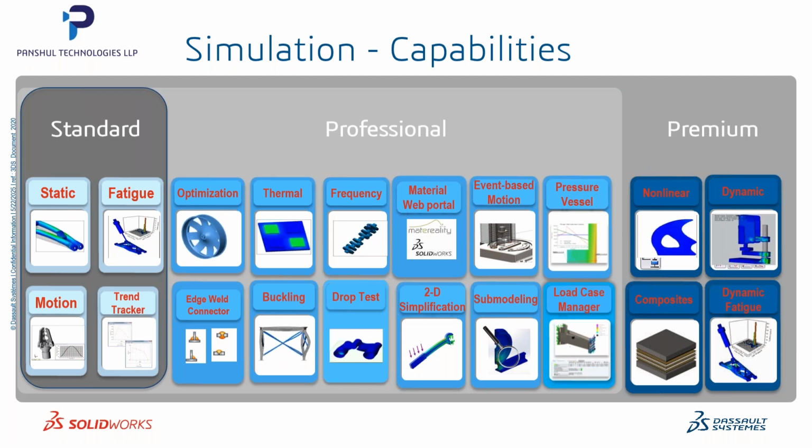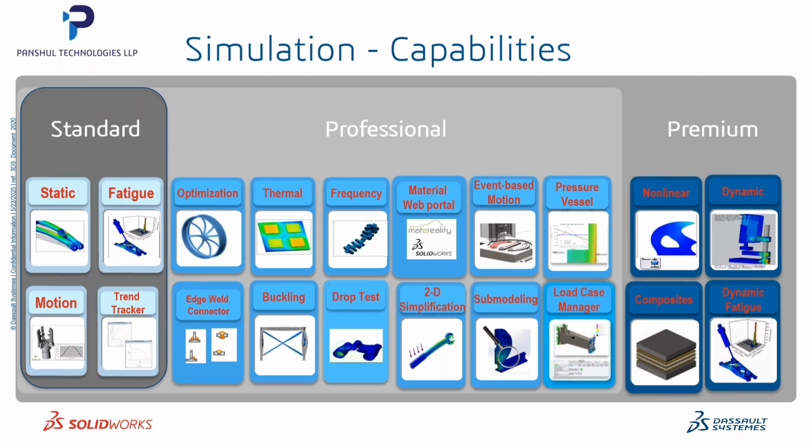Inside SolidWorks Simulation Professional, we have optimization, thermal study, and frequency study. Then you also get a material web portal, which includes a lot of data of the tested material, like the SN curves of the materials. You can get it from there.